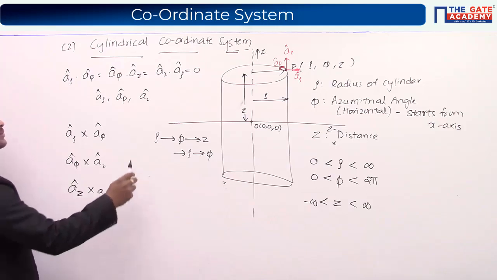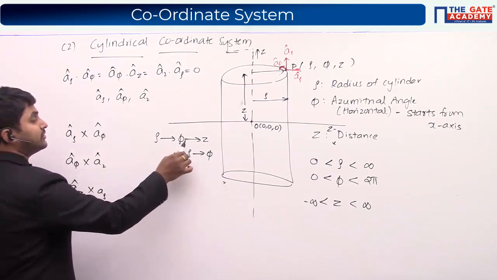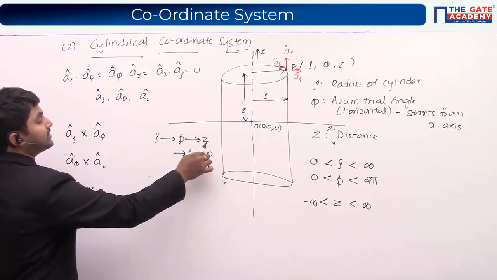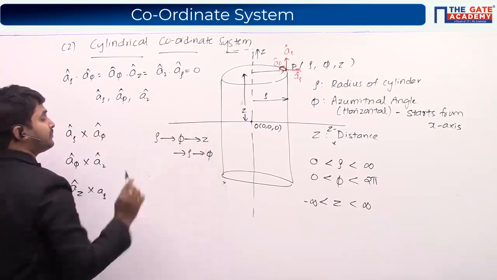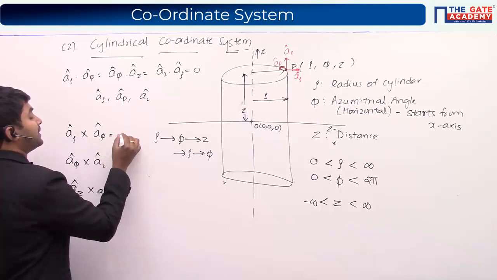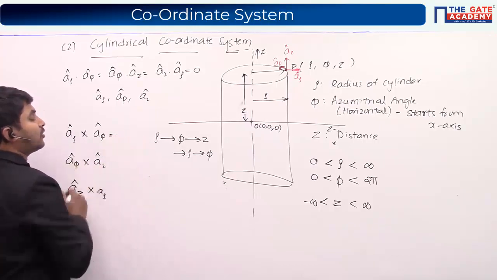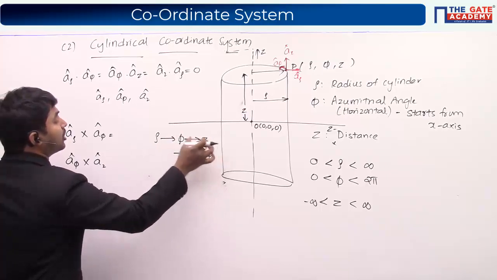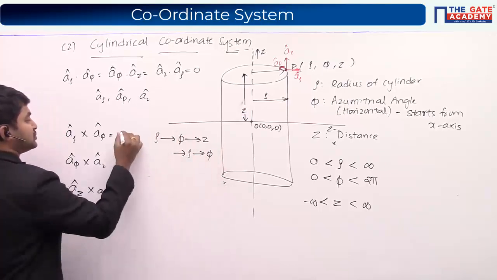So when I do the cross product between two orthogonal vectors, I am going to get another vector which is perpendicular to both of them. And it's a right-handed coordinate system. If I move from rho to phi, with the cross product, I am going to get the normal to both of them, which is the z direction.